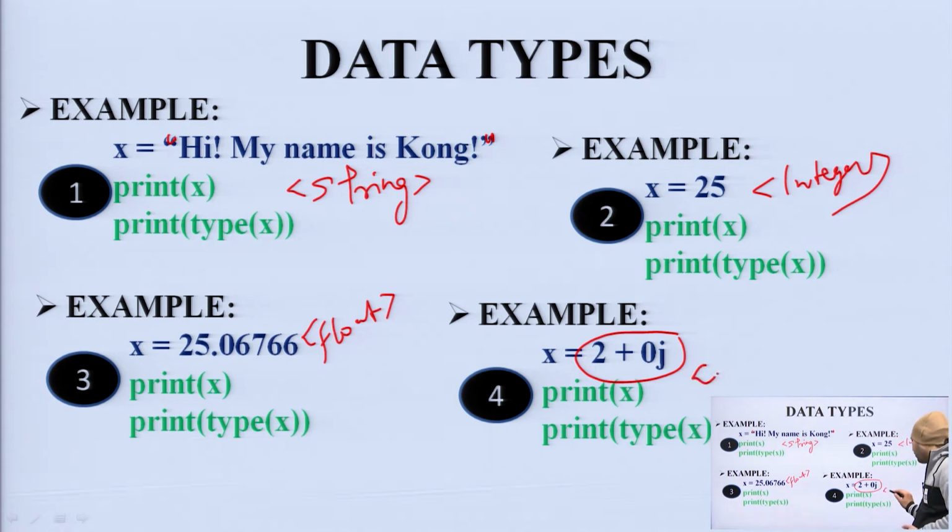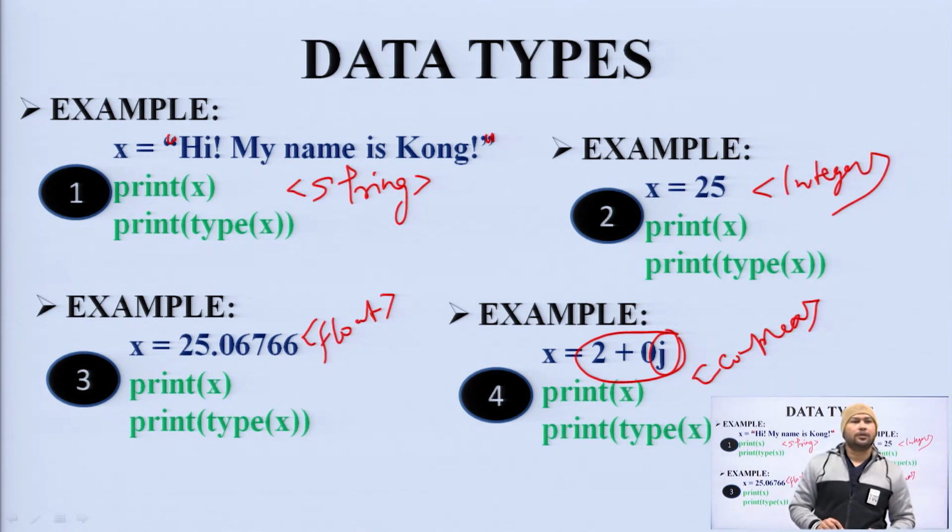This is complex. But one thing to remember here is that this j is there. When we are dealing with the complex data type, i is the imaginary part in mathematics, but in Python programming this j is your imaginary part.